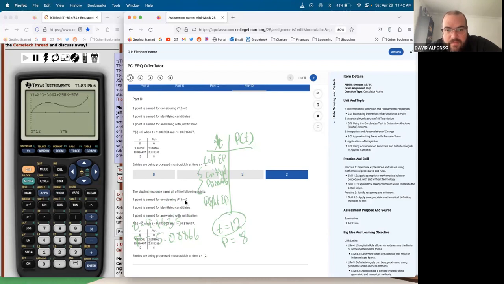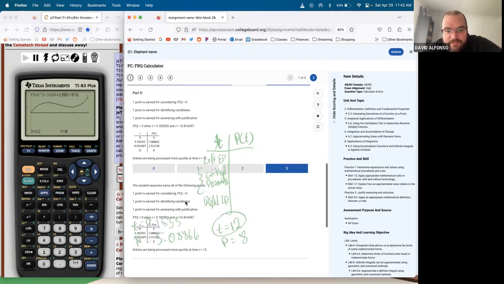This is weird, because this is what you would do in a non-calculator section problem. I selected this question because I was looking at calculator only problems. So whatever. Then 1 point earned for identifying candidates.